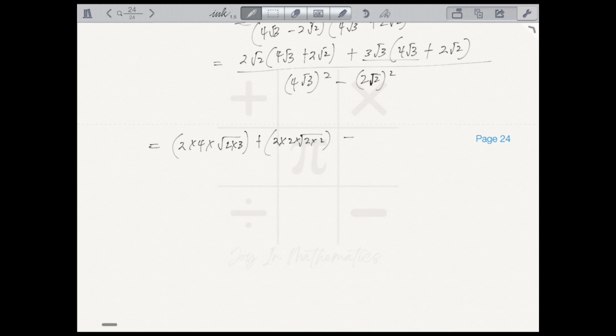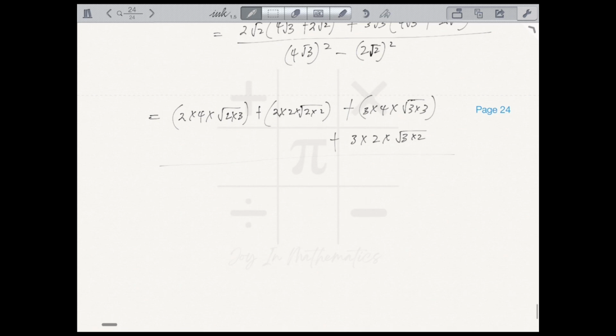And now, 3 root 3 multiplied by 4 root 3 will be 3 times 4 multiplied by root 3 times root 3. And finally, 3 root 3 multiplied by 2 root 2, and that should be plus also, and that means we'll have 3 multiplied by 2 multiplied by root 3 times root 2.